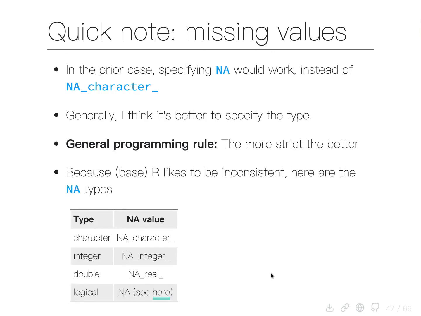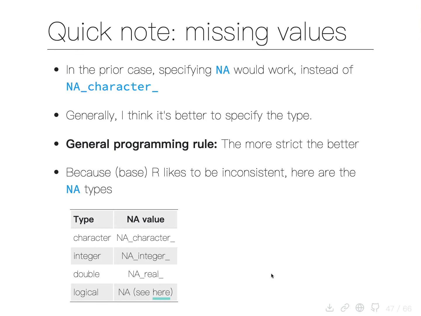Base R is very strange about this though. So NA_character_ is for character, NA_integer_ is for integer, but then double is NA_real_. Real is another name for double in other programming languages. Float is another name for the same thing. R is open source, developed by a bunch of people, not just one individual person.